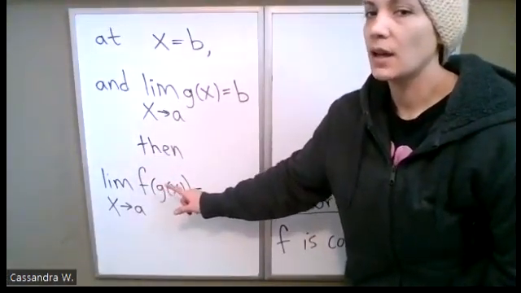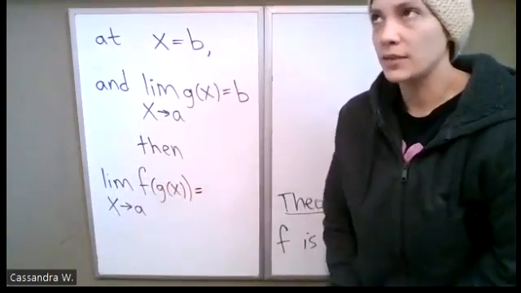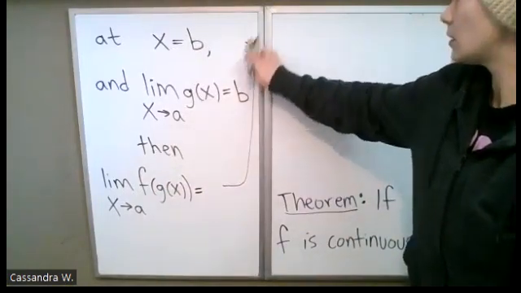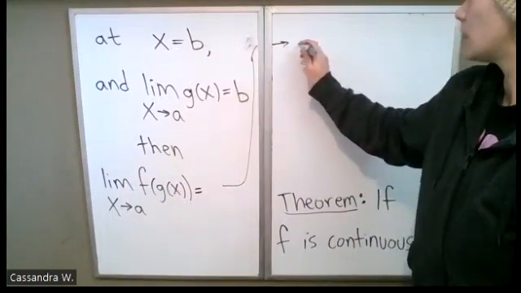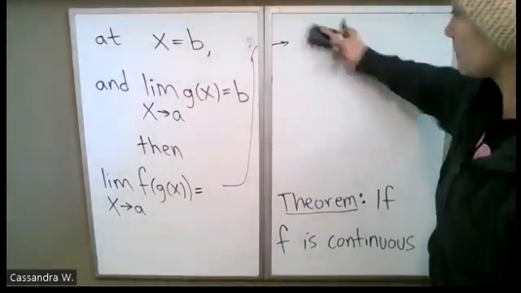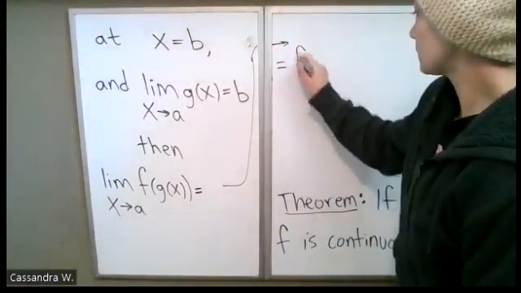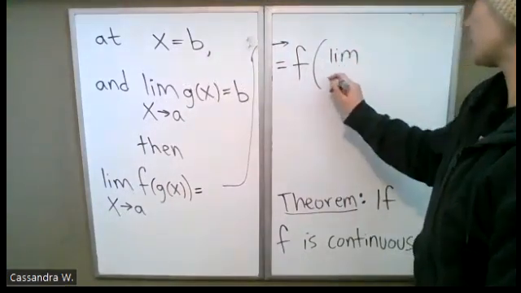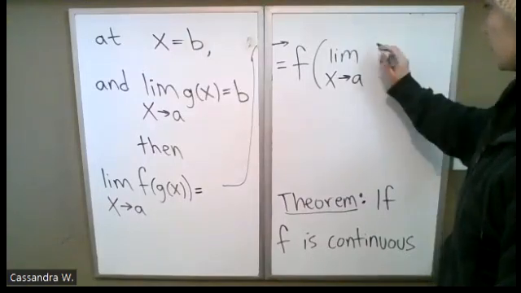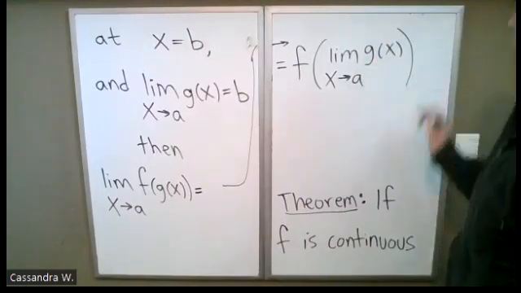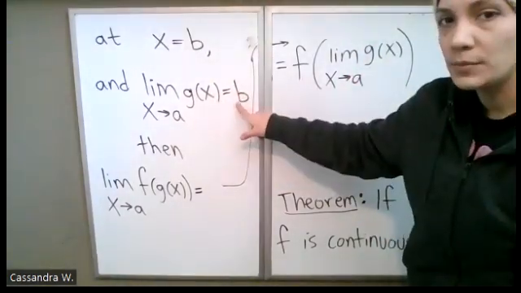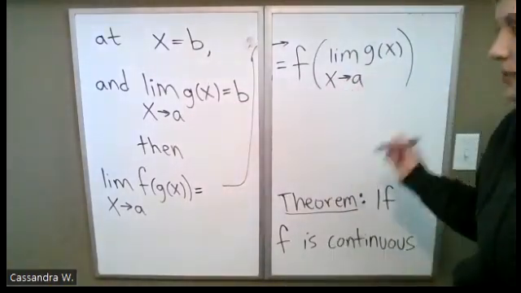So take f of the limit as x goes to a of g of x. Okay, then you've got this limit as x goes to a of g of x equal to b. So we're putting a b right here, and you have f of b.